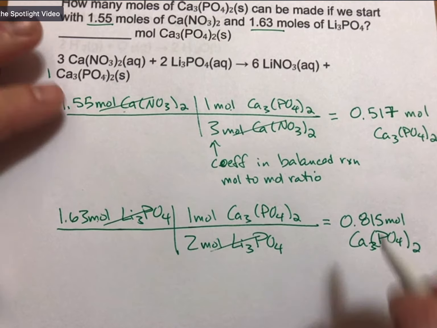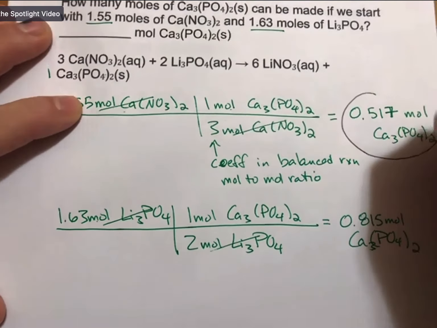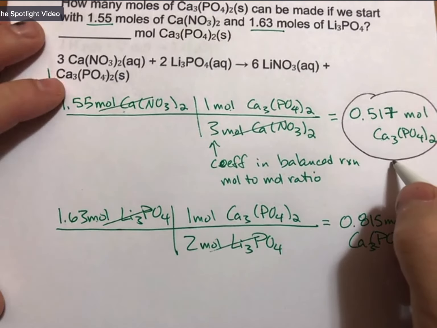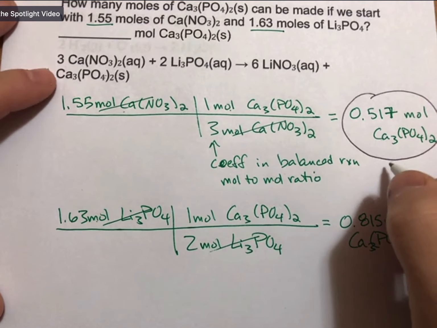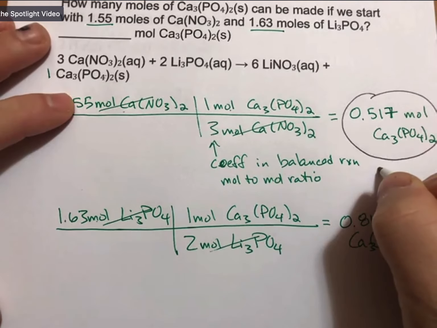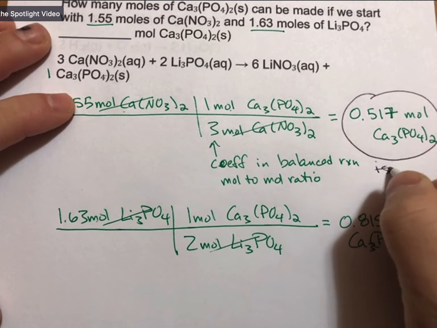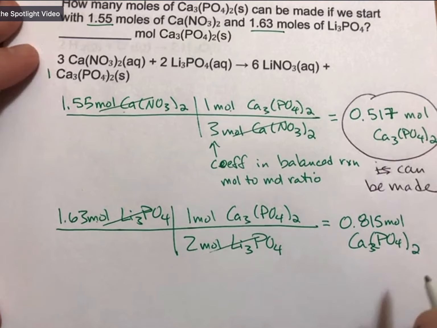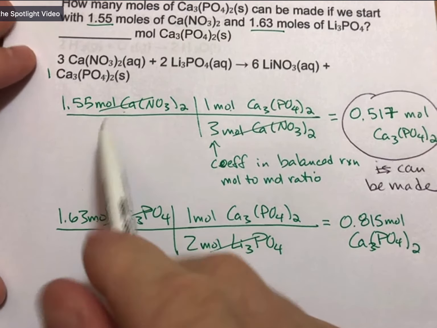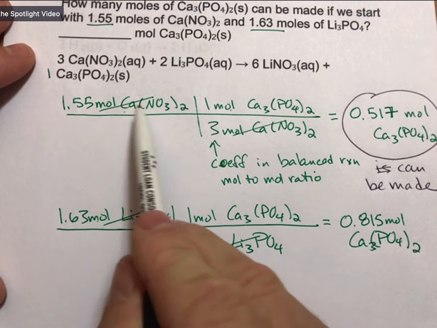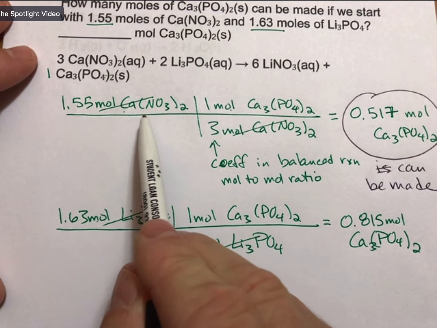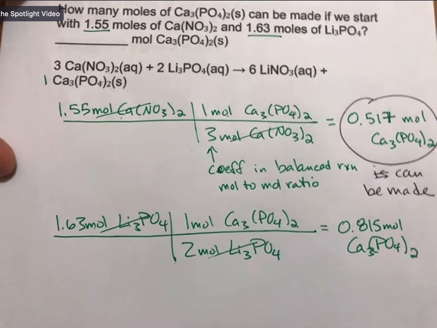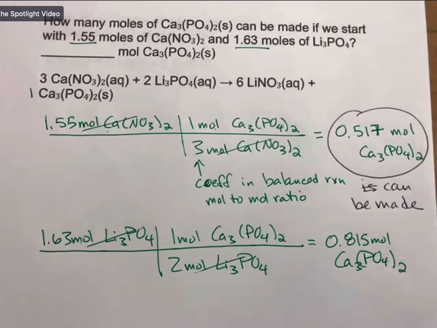So this is a limiting reactant problem, which means that you always take the smaller amount. This number here is the amount that can be made. It doesn't ask for it, but in this case, calcium nitrate was our limiting reactant. So Mike, no, it did not change our answer.